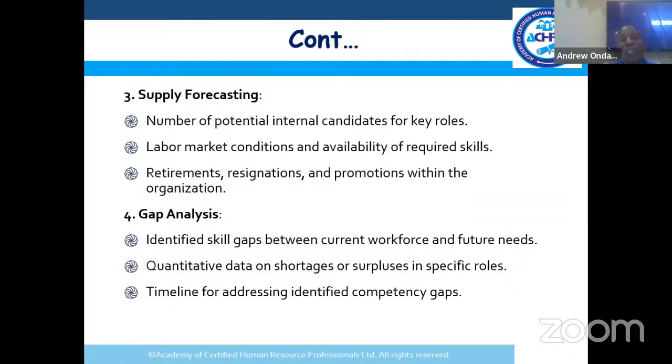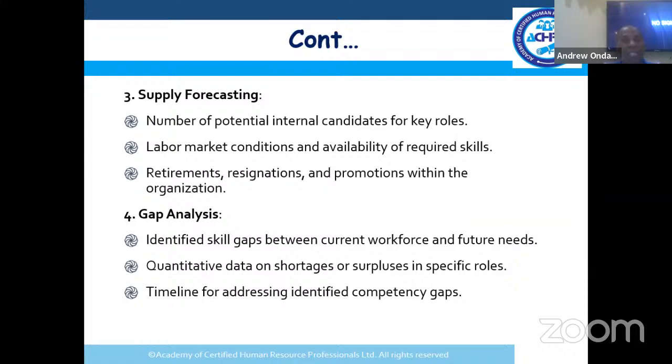Fourthly, based on supply forecasting and the demand, we identify gaps. And let me briefly explain this gap. Demand is the number of people we are likely to require. Supply is the number of people that we are likely to have.